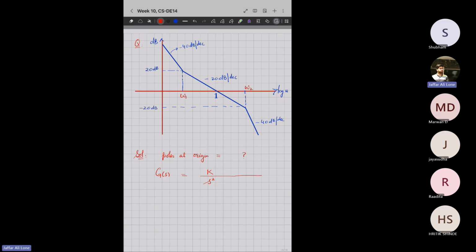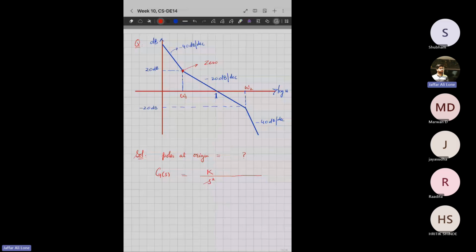So initially it's minus 40 dB per decade. Then there is a slope change at this point, which is omega 1, and it's from minus 40 to minus 20. So it means here we have a 0. Great. So we have a 0 because the slope is changing from minus 40 to minus 20.